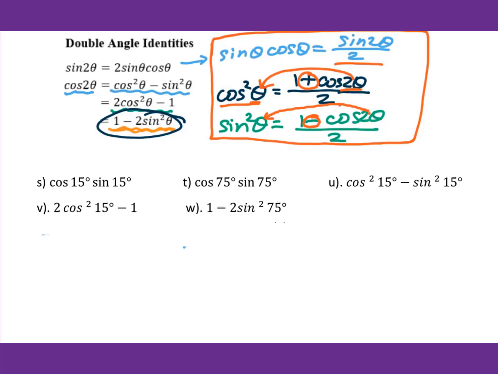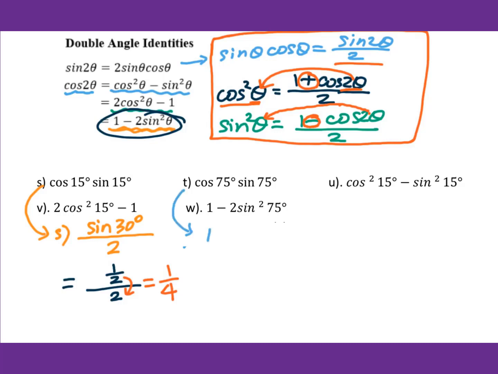Okay, let's go to S. For S, that means you got sine 2 times 15, 30 degree. Sine 30, that's 1 over 2, over 2. So drop down this 2, you got 1 over 4.